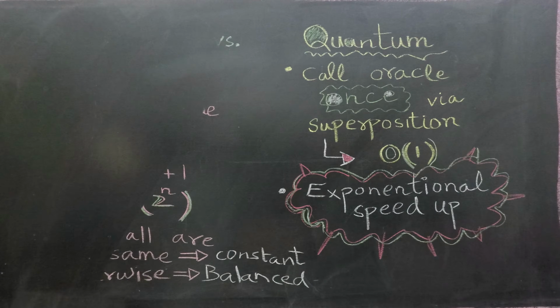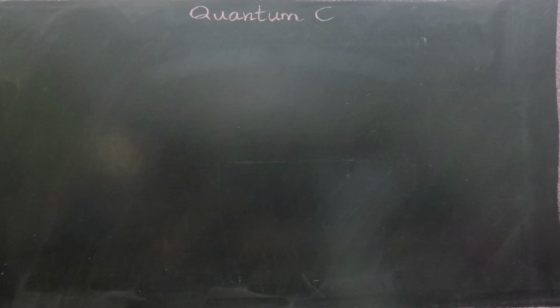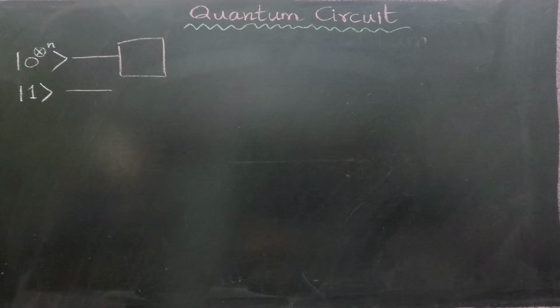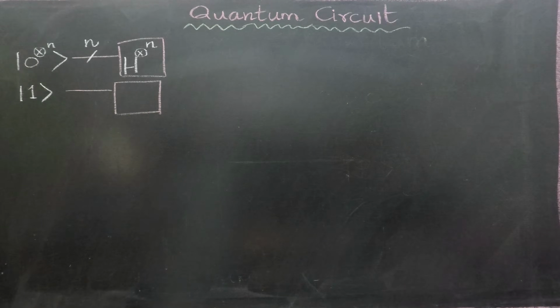The quantum circuit of Deutsch-Jozsa algorithm starts with two registers. The first n-qubit register is initialized with ket 0s, and the second single qubit register is initialized with ket 1. Then Hadamard gates are applied to both registers, creating equal superpositions.